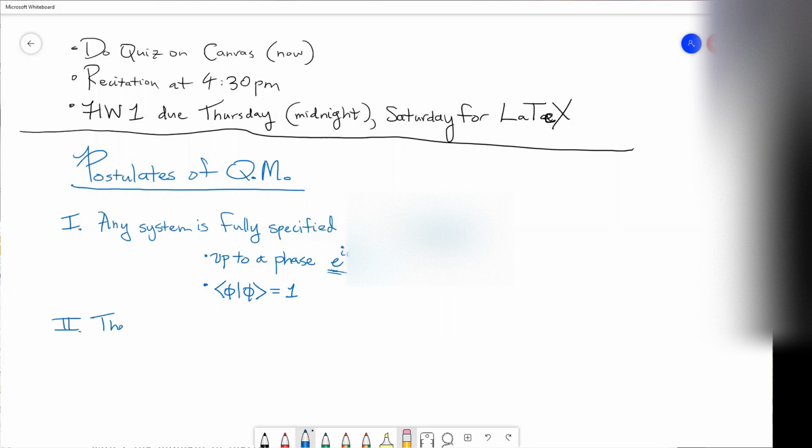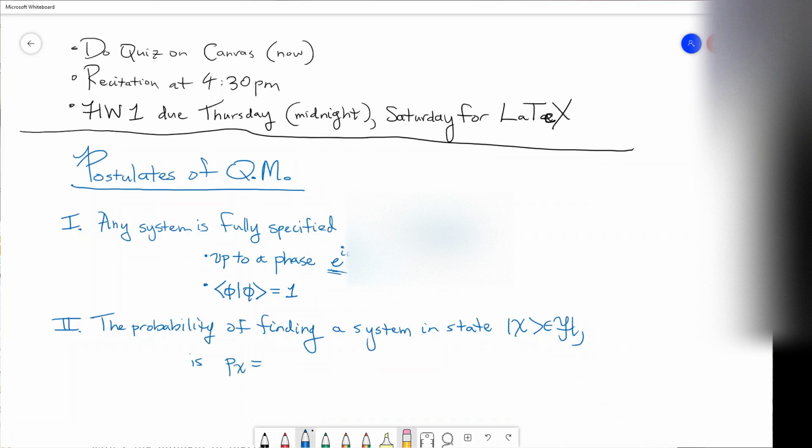The probability of finding a system in state, say, some other chi that's in the Hilbert space, right, is P chi.